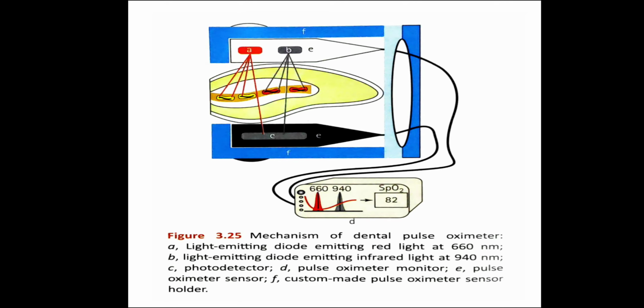So, in the pulp oximeter, this is a light emitting diode emitting red light at 660 nanometer, and this is a light emitting diode emitting infrared light at 940 nanometer.